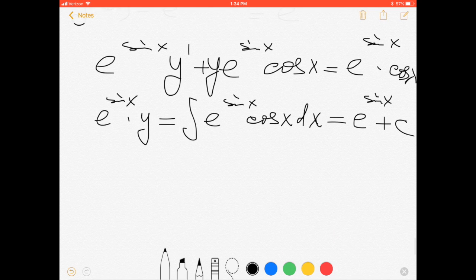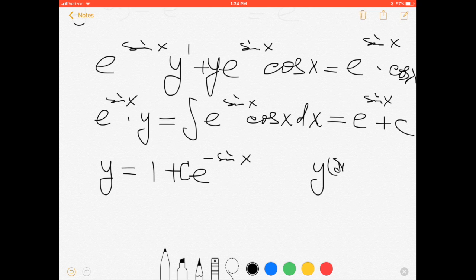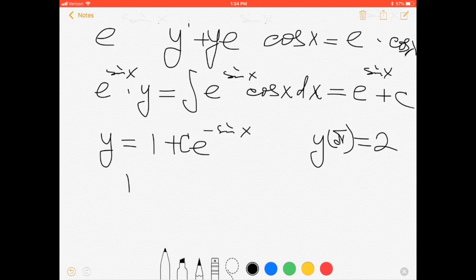This means our y equals 1 plus c times e to the negative sine x. And because we have y(pi) equals 2, plugging in we have 1 plus c e to the negative 0 equals 2.